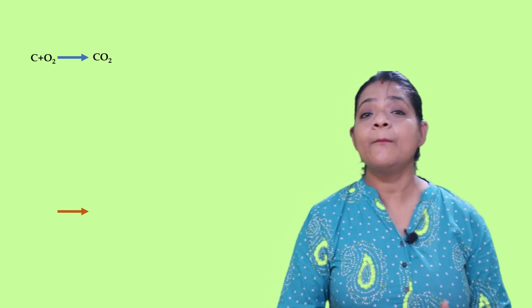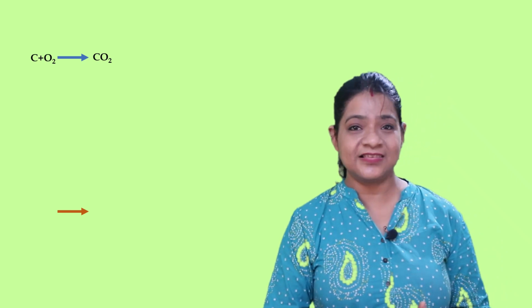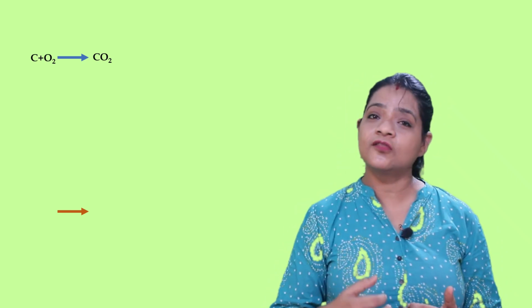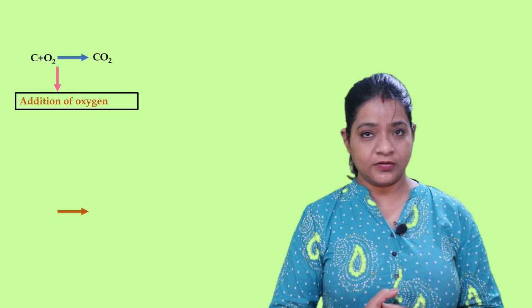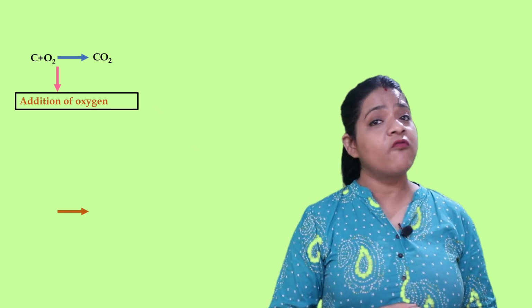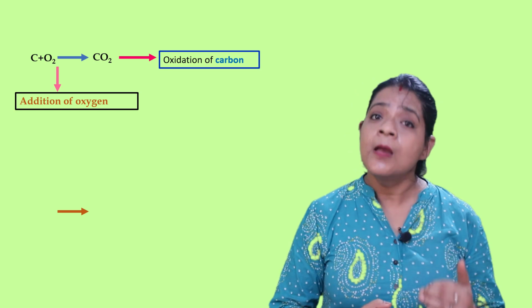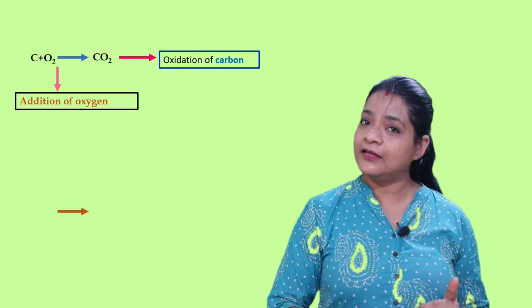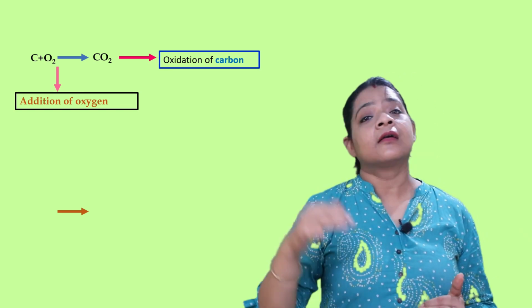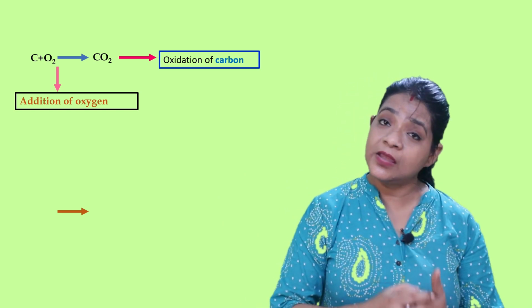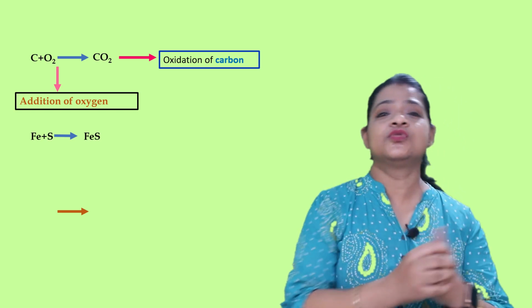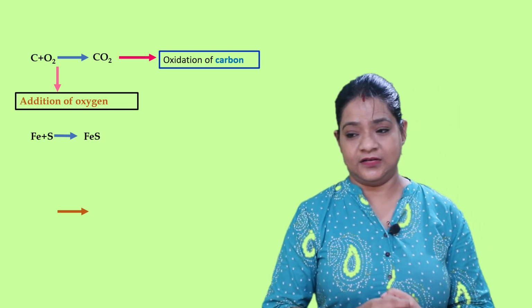The first example of oxidation reaction is when carbon reacts with oxygen, that is C plus O2 gives carbon dioxide. Why is it oxidation? Because oxygen is being added to carbon and carbon dioxide is formed, that is carbon is being oxidized due to the addition of oxygen.